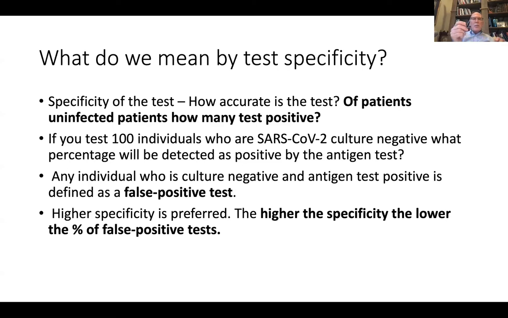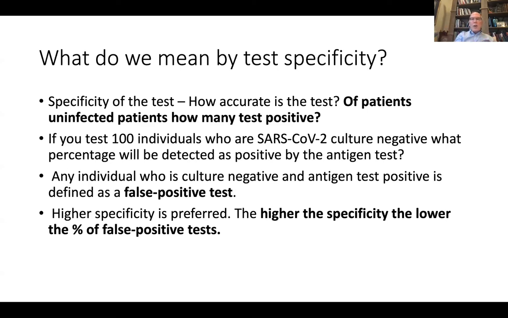When we do this, we think about this test. If we take a group of individuals we know are culture negative and are not infected, how many will test positive? That would mean a false positive. If we test 100 individuals who are SARS-CoV-2 culture negative, what percent will be detected as positive by the antigen test?